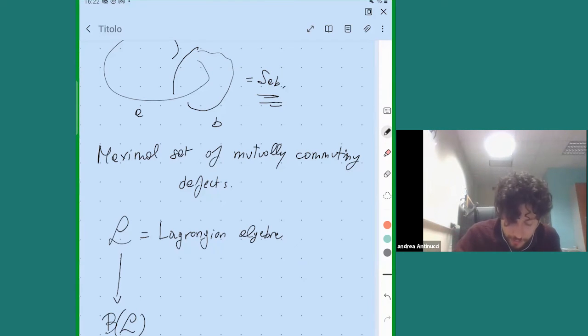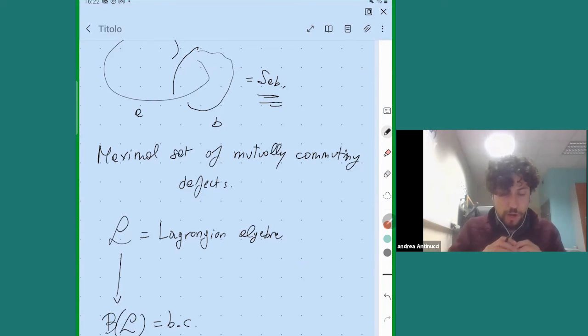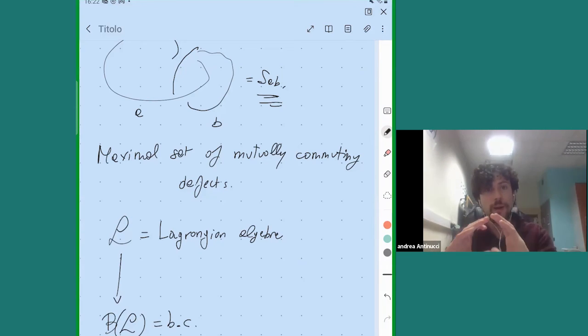Those which are not inside the Lagrangian algebra will form the symmetry on the boundary. This is because those which are not inside the Lagrangian algebra cannot end on the boundary. So if you put the defect and push it to the boundary, it will not become trivial, and it will generate a symmetry on the boundary.